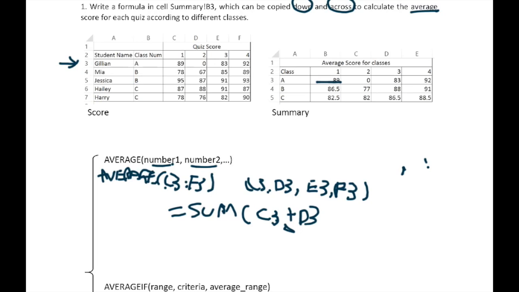This is wrong. Never use that, because sum already means plus them together, so you do not need to add another plus inside. So this is the first thing you want to pay attention to on the average function.